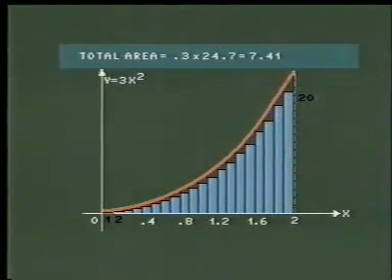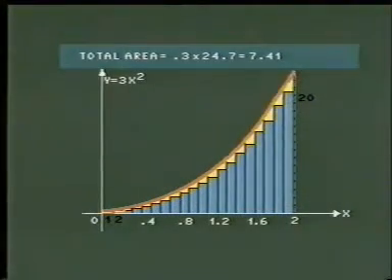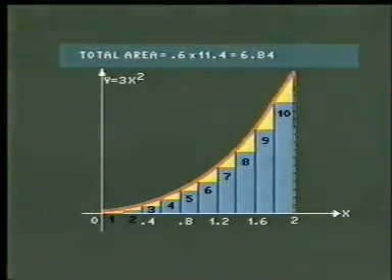It is obvious from the figure that the error in the calculation of the total area has been further reduced by taking 20 divisions instead of 10.